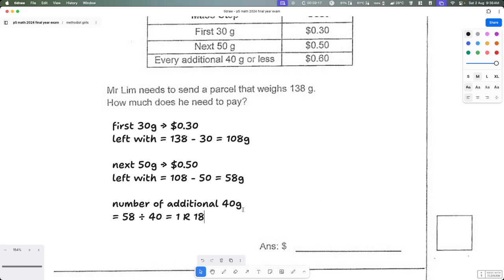If I were to round up, 2. So that means you have 2 times 40 grams.